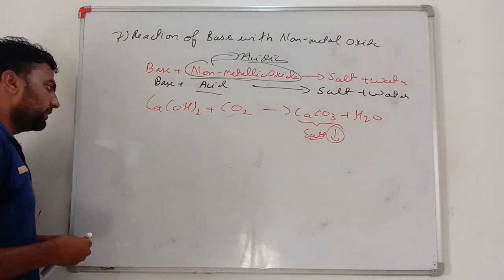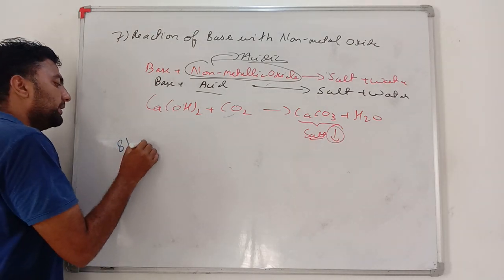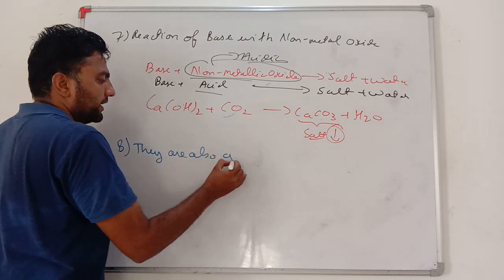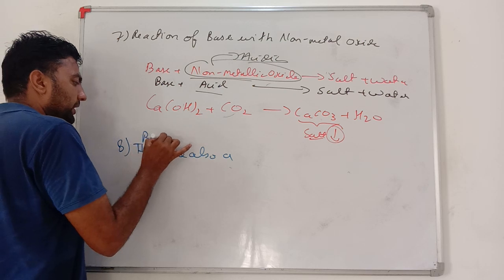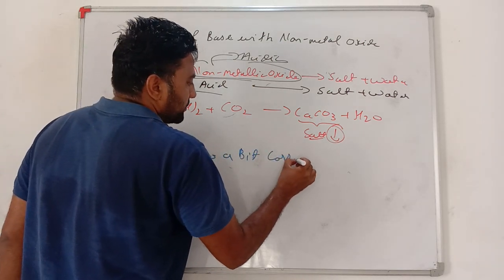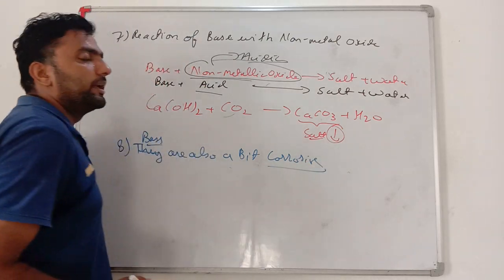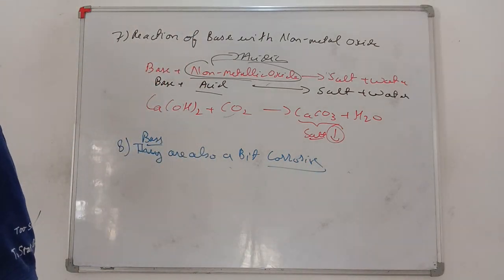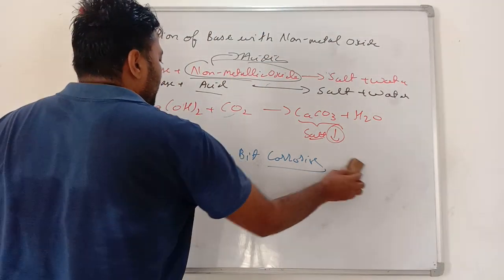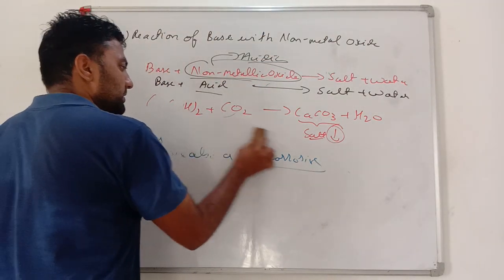The eighth property is that bases are also a bit corrosive in nature, meaning too strong bases must not be held directly in the hand for a longer period.